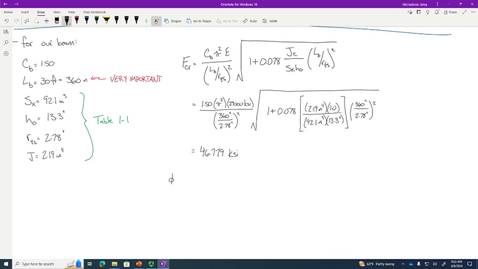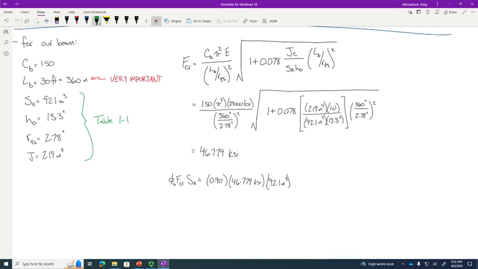Let's first calculate phi FCR Sx, which is 0.9 times 46.779 ksi times 92.1 inches to the third. Now, by the way, when we do this, what are the units going to be in? This is a moment, okay?